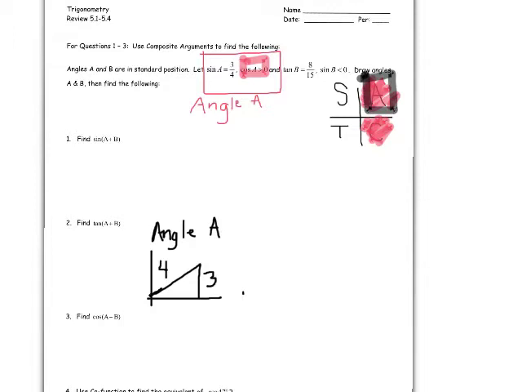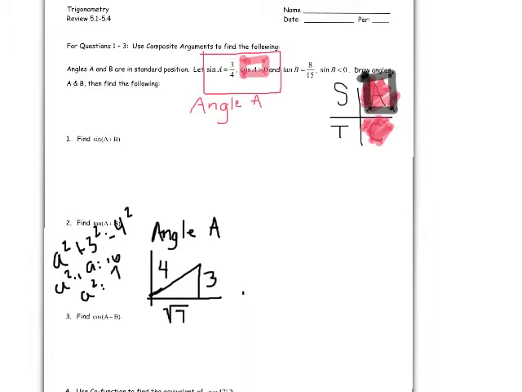So a squared plus b squared equals c squared. So a squared plus 3 squared equals 4 squared; 9 plus a squared is 16, so a squared is 7, take the square root, so we get square root of 7.